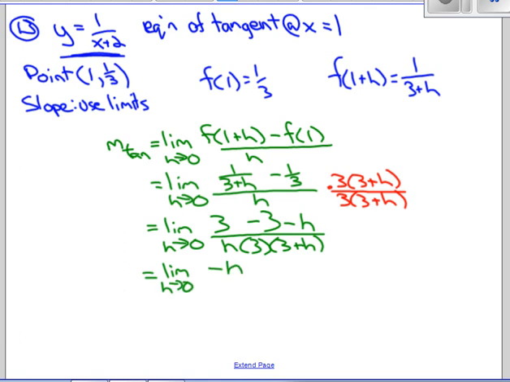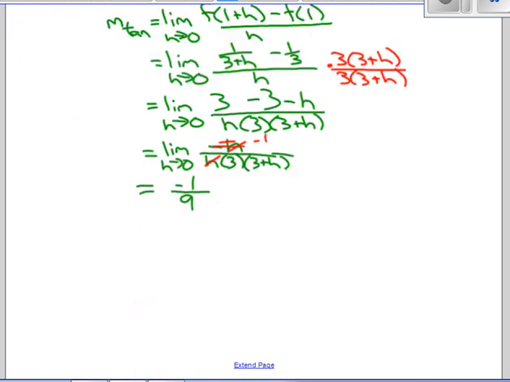Okay, that gives us negative h over h, 3 by 3 plus h. These are gone. Gives us negative 1 up top. And as h goes to 0, the slope of the tangent is going to be negative 1 over 3 times 3 plus 0, or 9. Okay, that gives us the slope of the tangent.